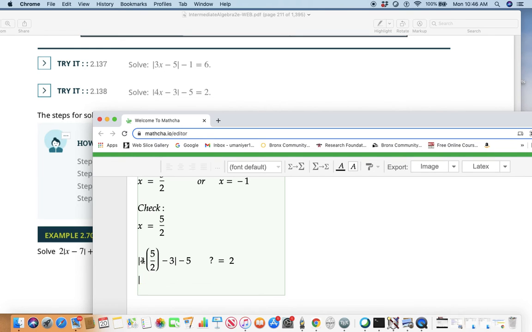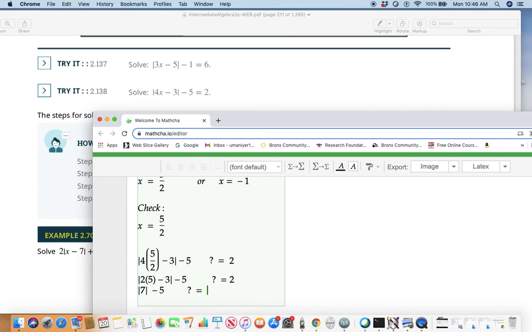Absolute value. Now, simplifying this, 2 reduces 4 2 times. So 2 times 5 minus 3, absolute value, minus 5. Question, is it equal to 2? So, parenthesis, that's 10. 2 times 5 is 10. Minus 3, 7. Absolute value, minus 5.